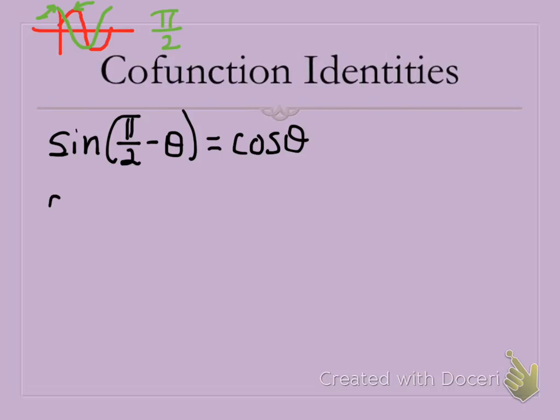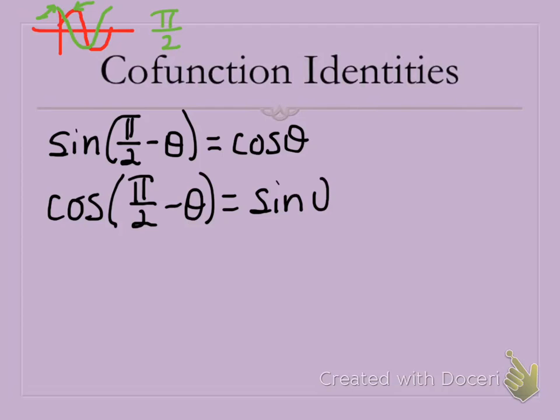And vice versa, if I have the cosine of pi over 2 minus theta, then that is really just the sine of theta. So again, this can be used in times where maybe simplifying sine into cosine would be much more helpful in the expression that we're dealing with.